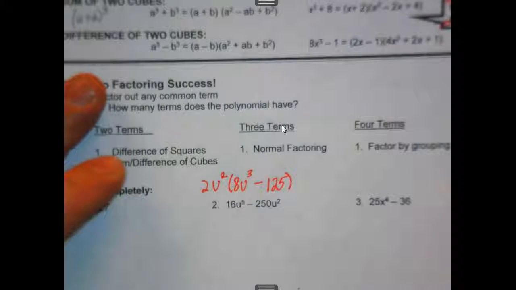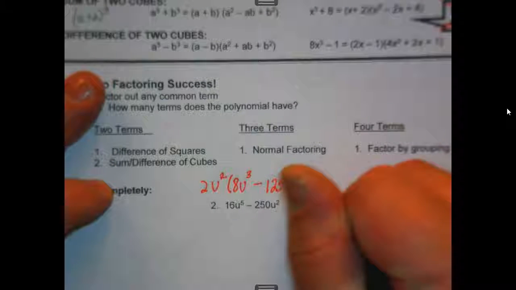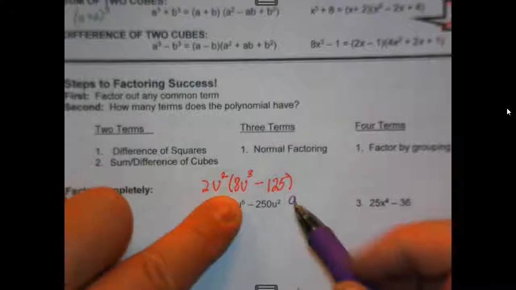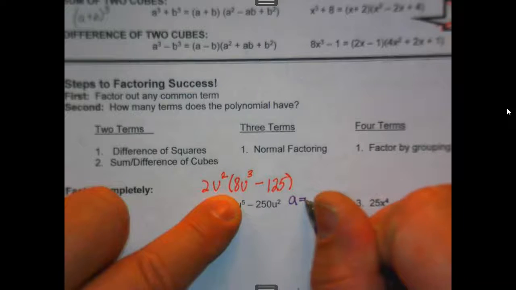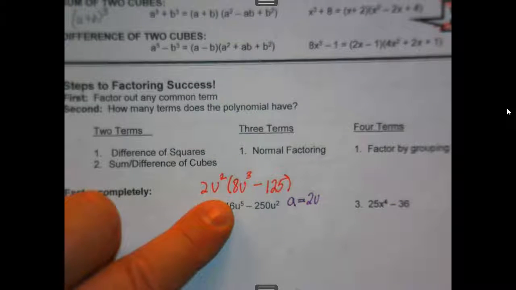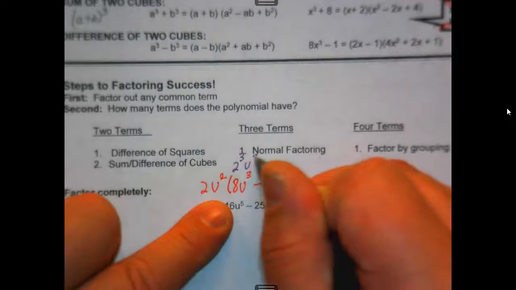Okay, get rid of this mouse. What's my A? My A is, yeah, this 8 is 2 cubed, so my A is the 2 utes. Okay, this is 2 cubed, u cubed, right?